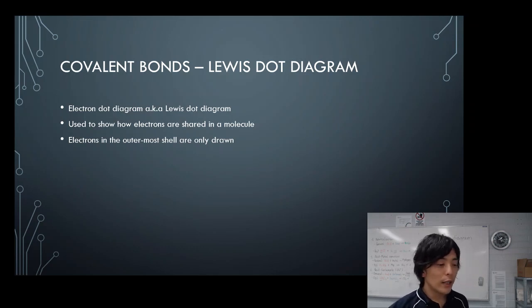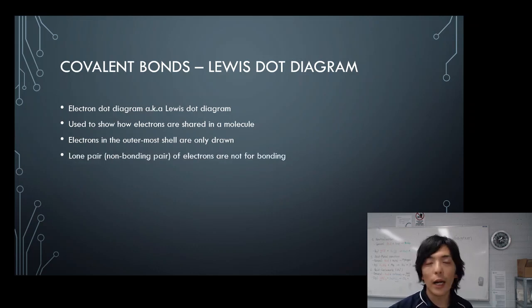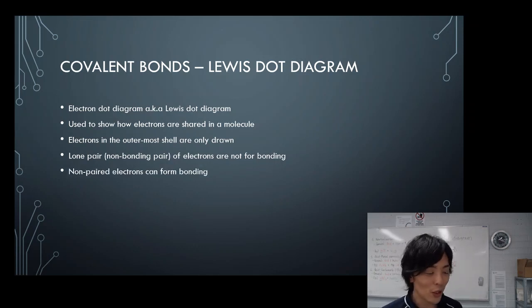Electrons in the outermost shell only are shown. You don't have to draw anything in the inner shells. Lone pairs of electrons are not for bonding. Lone pairs are just pairs of electrons, also called non-bonding pairs of electrons. You will see what I mean in the next slide.